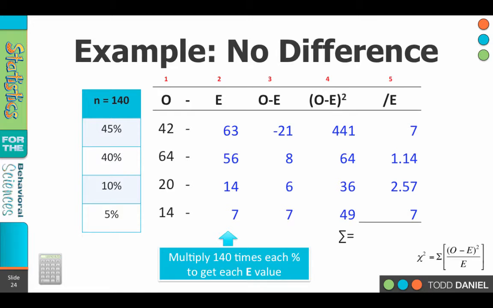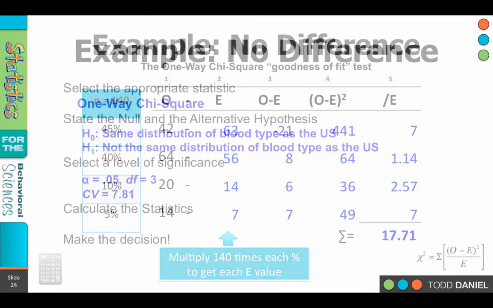Then it's 64 divided by 56, 1.14. 36 divided by 14, 2.57. And 49 divided by 7 is 7. The last step is to add up these chi-square values for each line to get the total chi-square, 17.71.